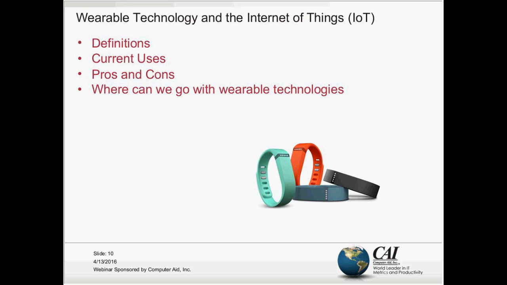I'll talk about some of the ways this technology is currently being used, discuss briefly some of the pros and cons, and then present some really interesting stuff I've found on places different parts of industry are looking to go, accomplishments they're looking to make, and all kinds of really exciting things that are possible with this wearable technology. Not everything I talk about in this presentation is available today, but a lot of it is currently in a research phase.